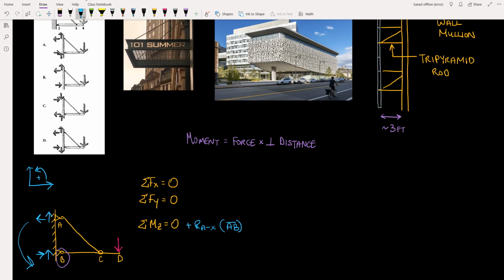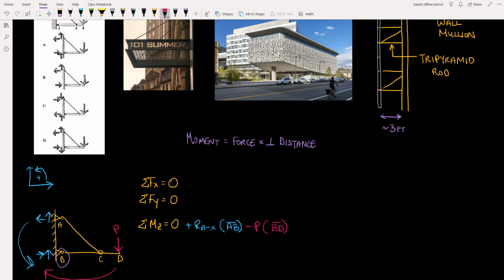And so that moment will be the reaction force in the x direction at A times the distance from A to B. Next, the applied force at D will cause a clockwise rotation about joint B, and so that will be a negative force. So the applied force times the distance from B to D will create a negative moment.